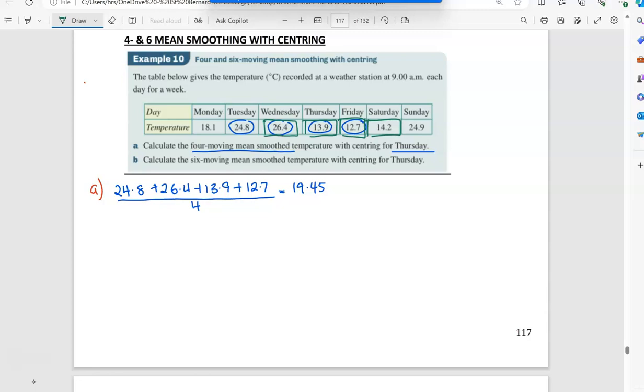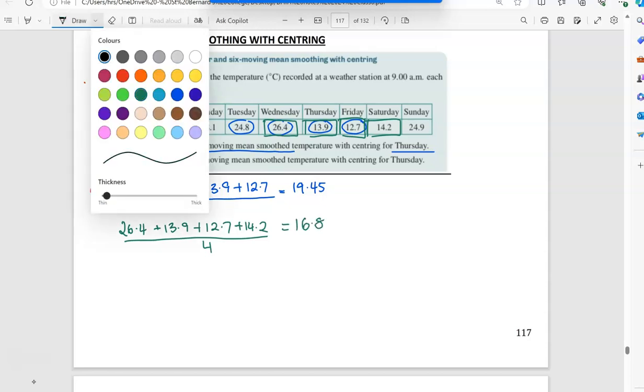So I've done it in green there. So I've got 26.4 plus 13.9 plus 12.7 plus 14.2. And I divide it by 4 and I get 16.8.